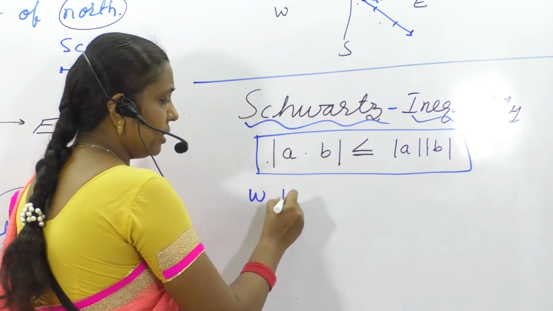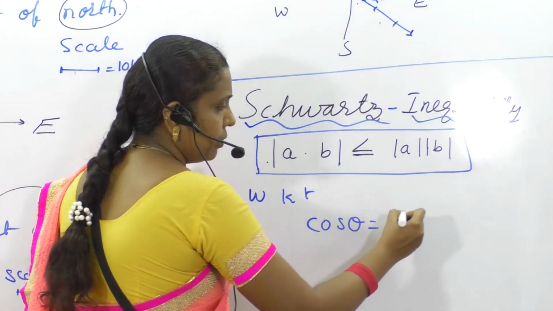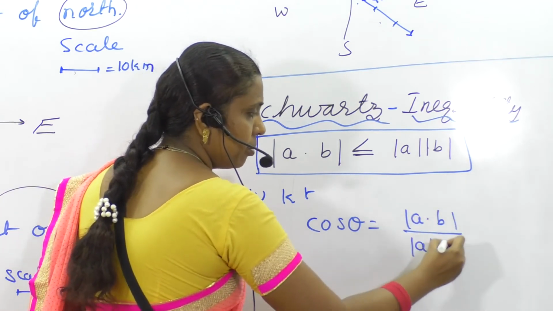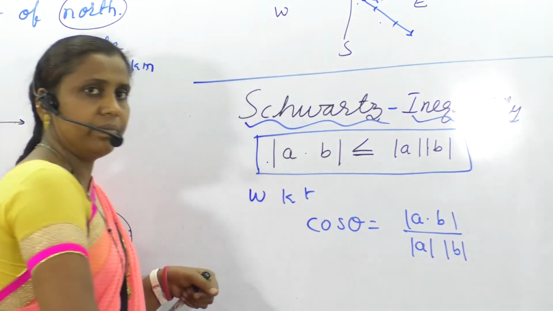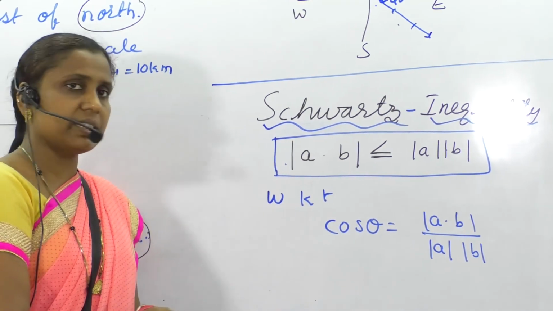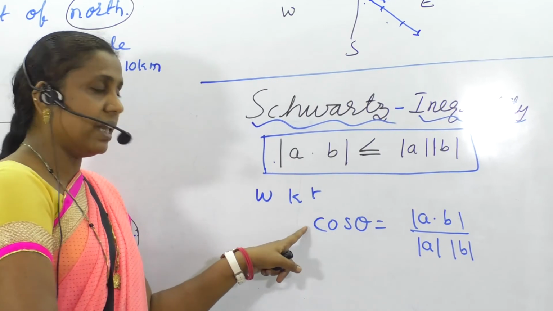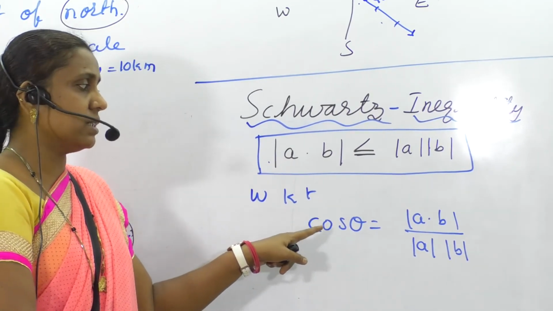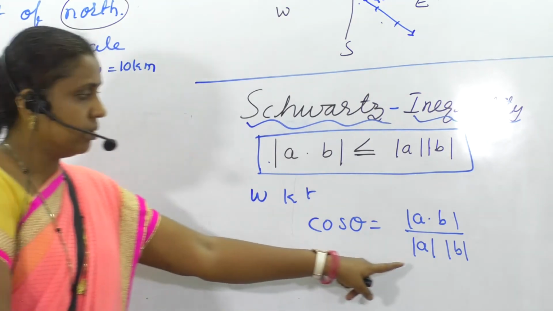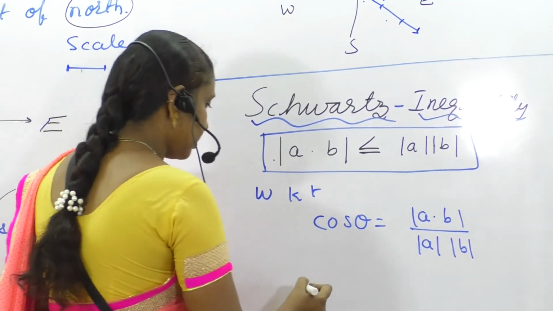As we know, cos theta is equal to A dot B by mod A mod B. We already tried this in the previous class. Do you remember? The angle between two vectors is given by cos theta equal to A dot B upon magnitude A, magnitude B. Okay.